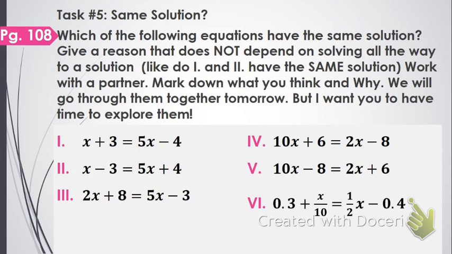I want to know, based on the structure, so think about your properties, what am I allowed to do to both sides? Would any of these have the same solution? One of the best ways to determine without solving is if I can do an operation to one and make it look just like one of the other ones. Sometimes I might need to do 2 operations, as long as I can justify it with properties, right?